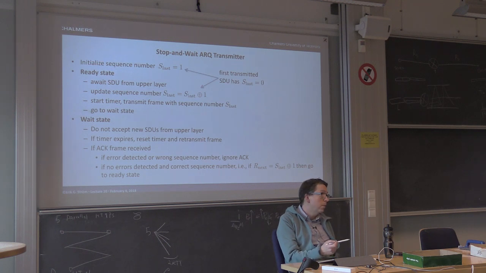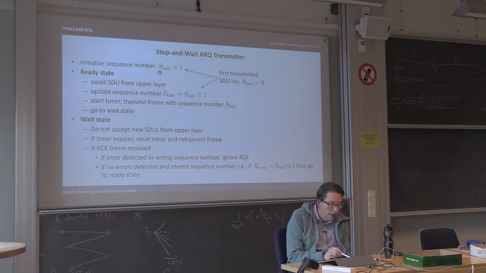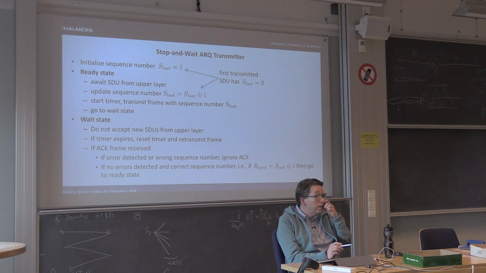We could select some other starting state, but this one is consistent. So let's go with that. Okay, so S last equal 1, that means that the first actually transmitted frame will have sequence number 0. And we see that because then at power up, we start with S last equals 1, and then we enter into the ready state.